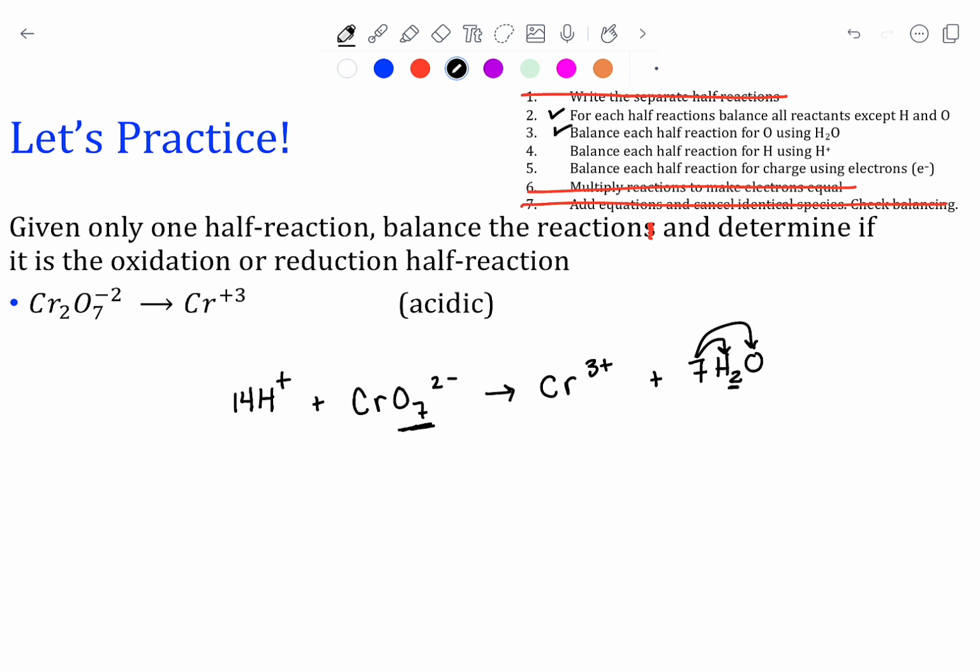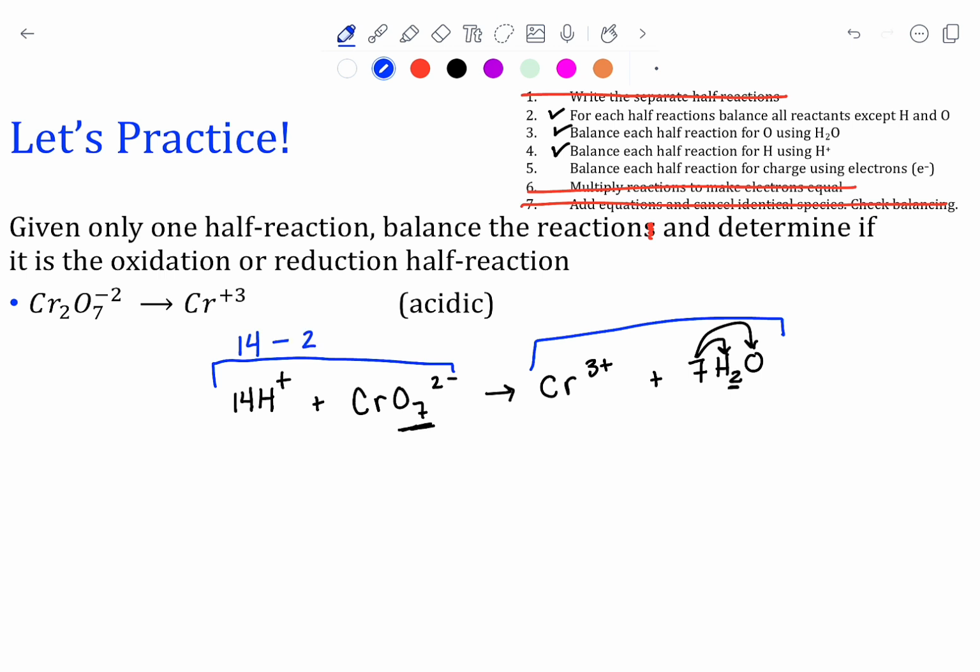So now that we've balanced our hydrogen with 14 H+ on our reactant side, we now have to balance the half reaction with electrons. We've done our stoichiometry, we've balanced for our individual elements, now we have to do our charge balance. So let's take stock of what's on either side in terms of charge. On our reactant side, we have 14 positive ions, and we have one 2 minus ion. So we can rewrite that as 14 minus 2, right?